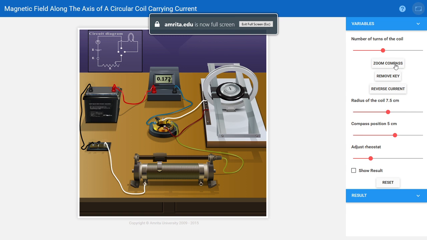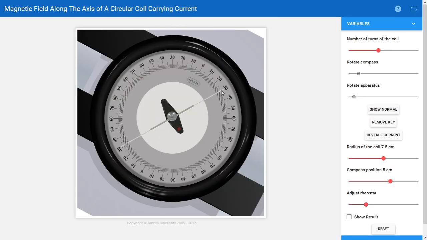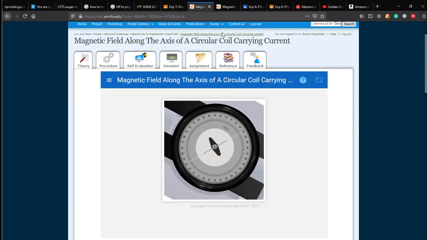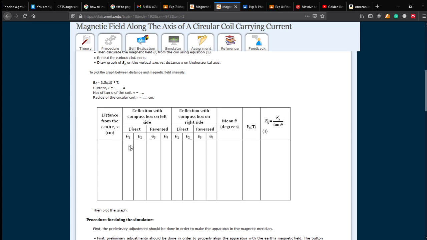If I zoom it, theta 1 is 30, theta 2 is 31.